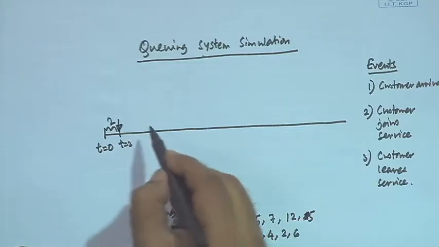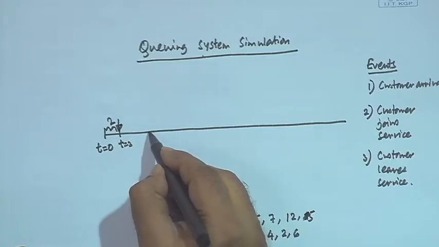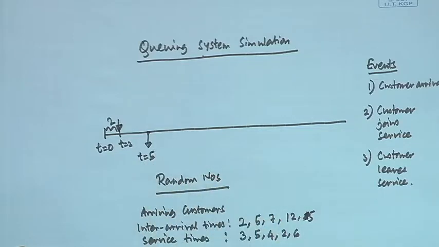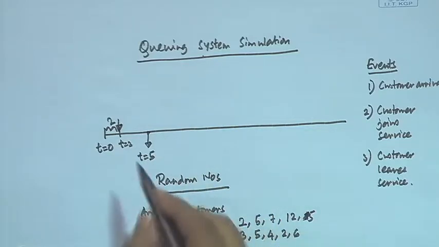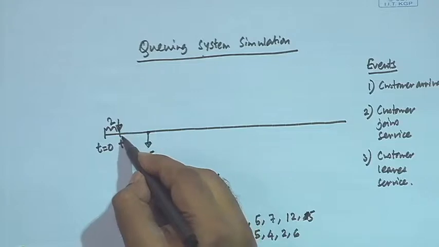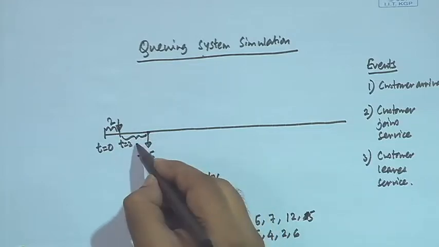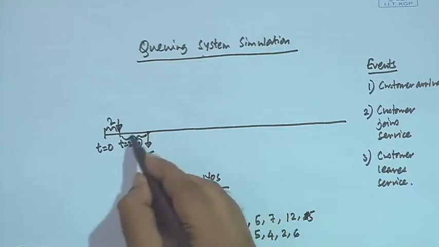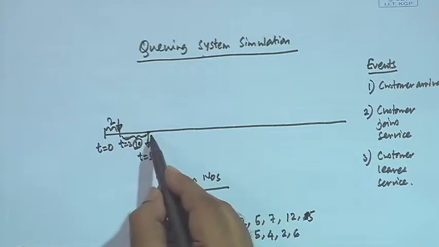So the first customer will be serviced by t equal to 5. During this time there is one customer in service.